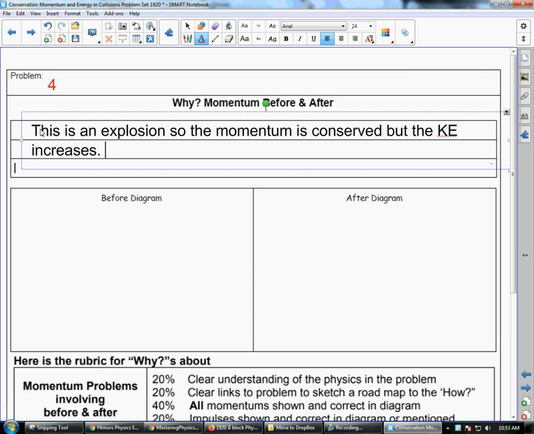That's about impulses. They undergo equal but opposite impulses.